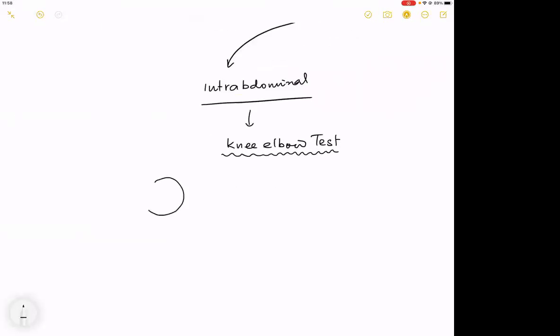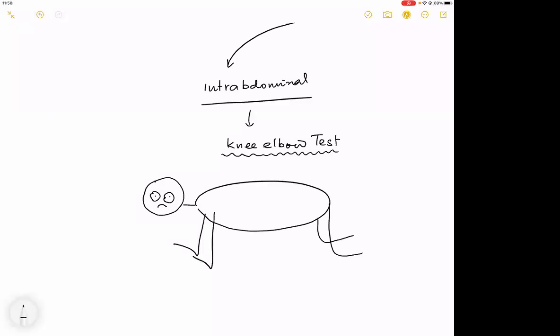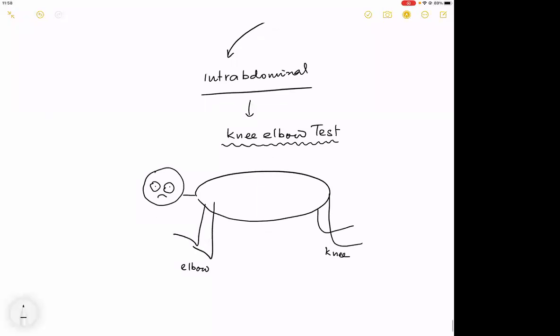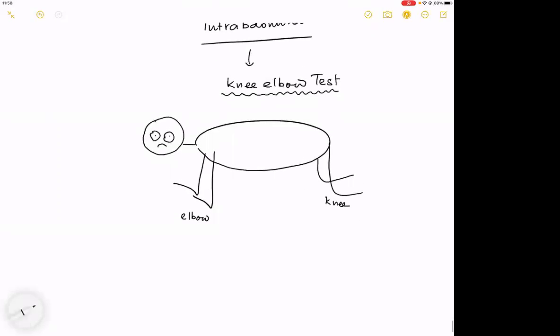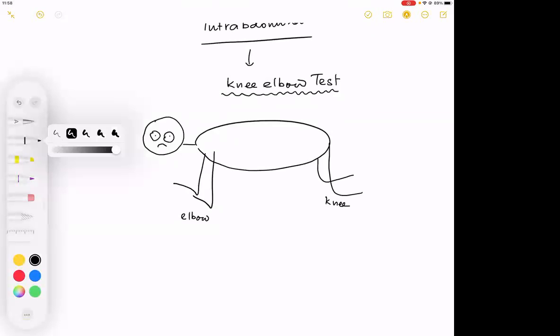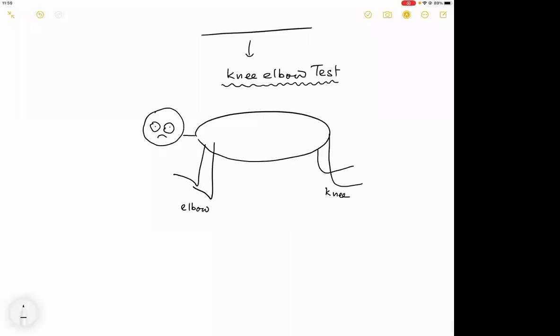This is how the patient is positioned. I hope you understand the meaning of knee and elbow. In this state, there is an abdominal lump.